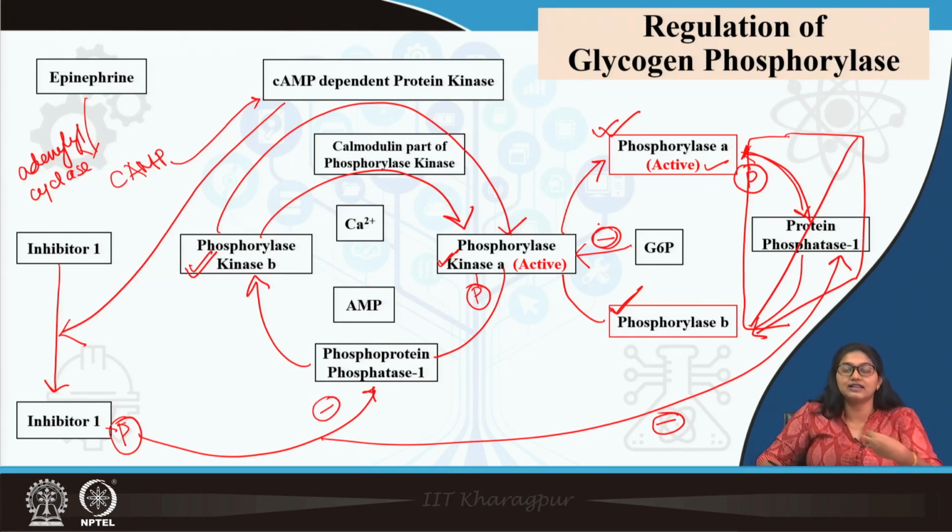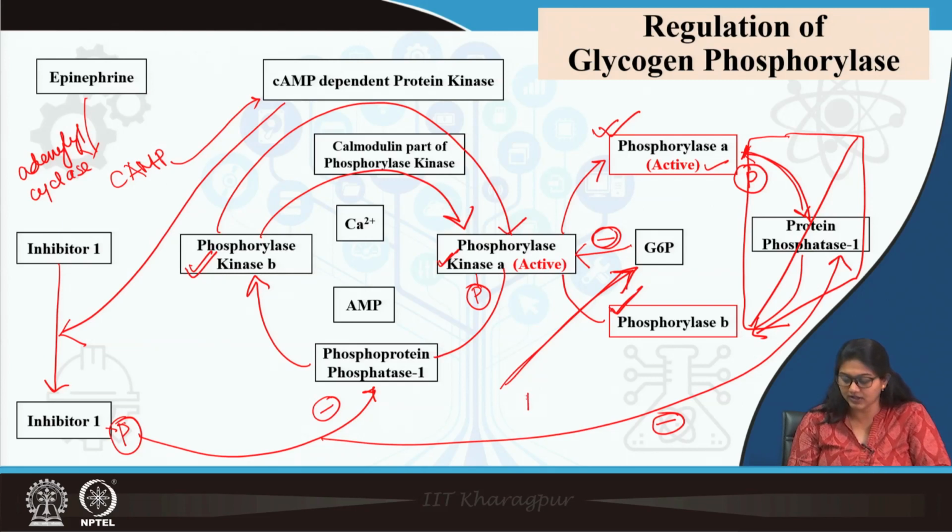So, this is a signal that there is an adequate amount of energy present. This is an allosteric inhibitor here which inhibits phosphorylase kinase, and this glucose 6-phosphate formation, if you remember, is induced with the help of the hormone insulin.